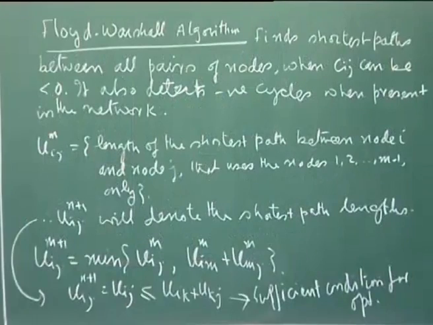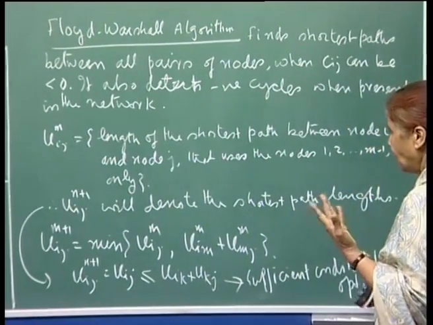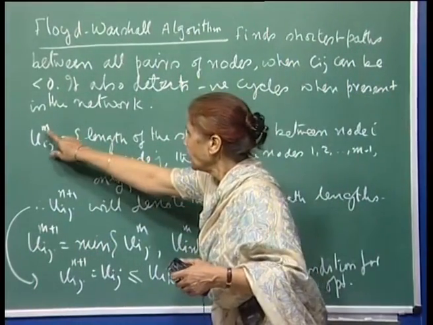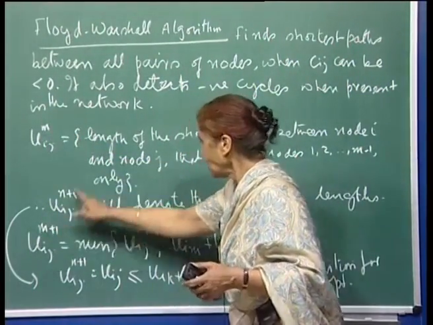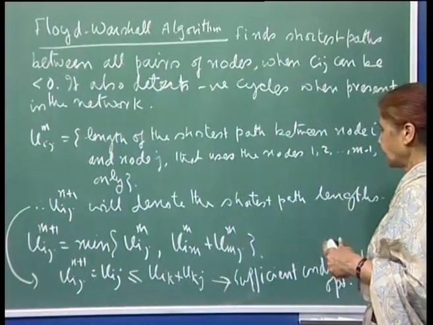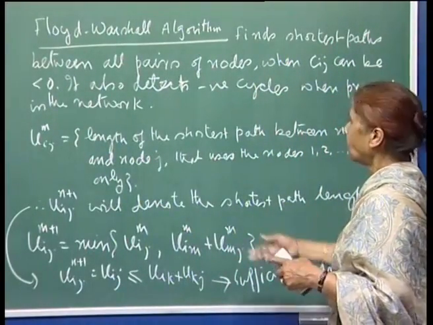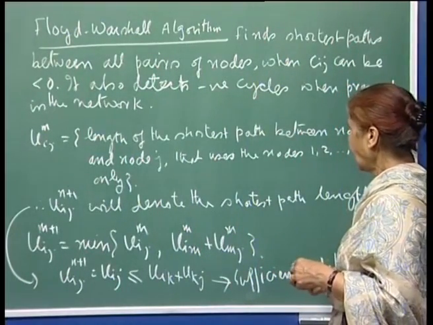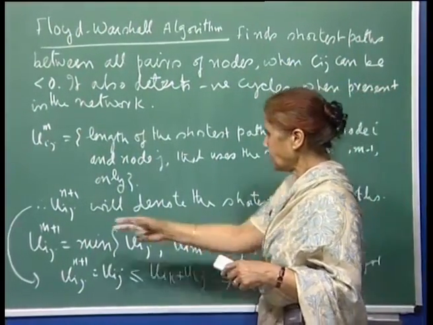That means, the set of numbers uij satisfy all these. So, let us see, we said that we will have n iterations for each pair, because you are computing from 1 to n plus 1, and then you are doing it for n square pairs.